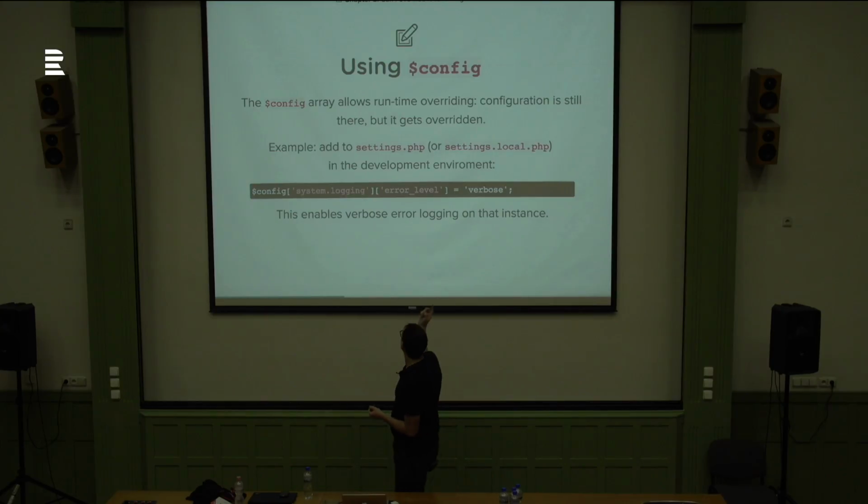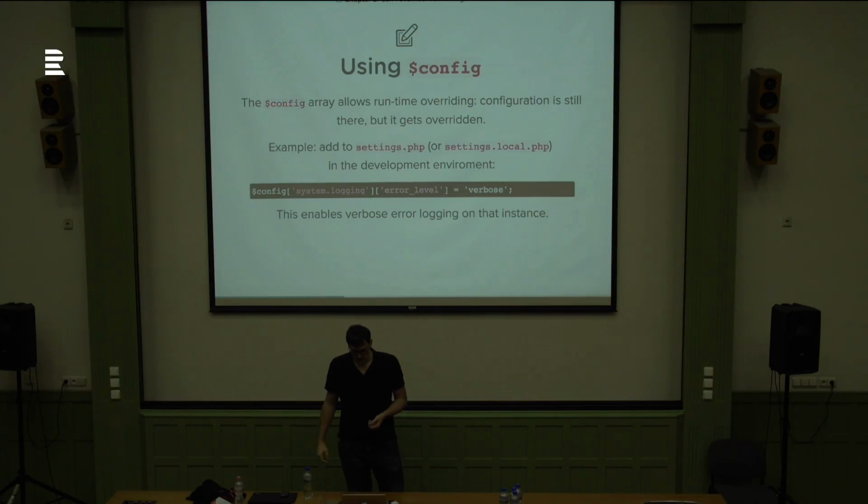For example, the verbose error logging, you would enable it like this. This is an example that comes straight from this file. And that overrides the error logging. So in the configuration that you deploy, it says the error level should be none, or it should not display any error. It should just say there's an error and not the whole stack trace, and verbose is on your local machine.